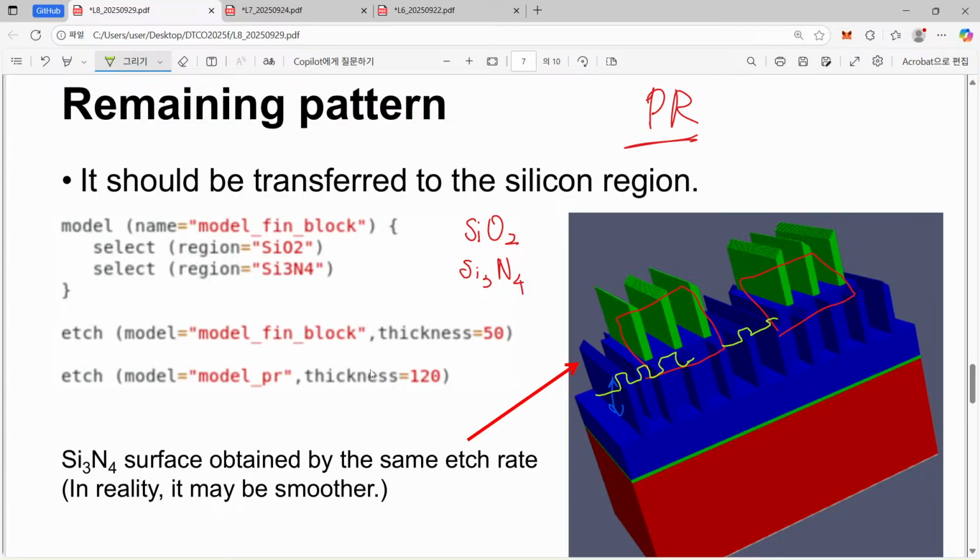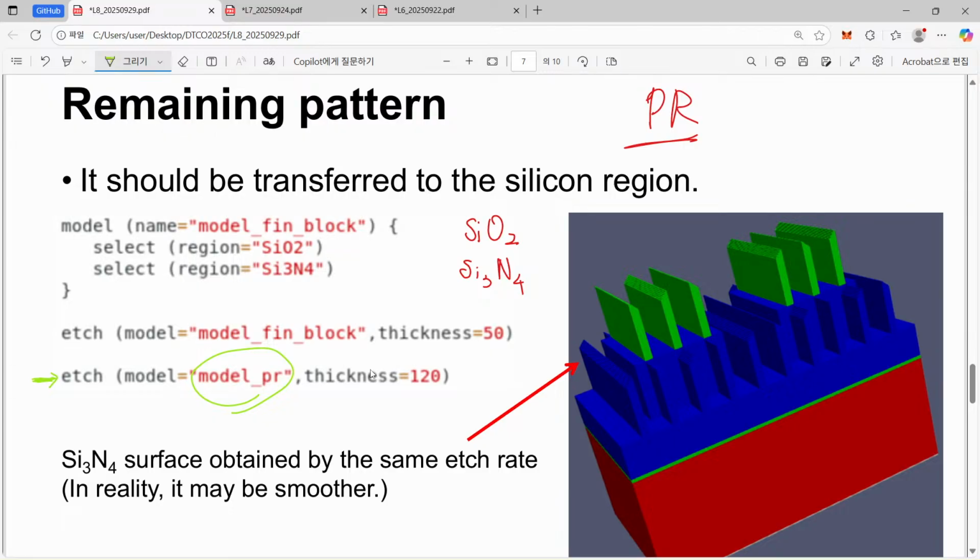And anyway, by doing so, now we have this form. Then you can ask me the question, previously we had PR, photoresist. Where can you find the PR? At the end of this structure, of course, etching is over, then we have to completely remove this PR pattern.